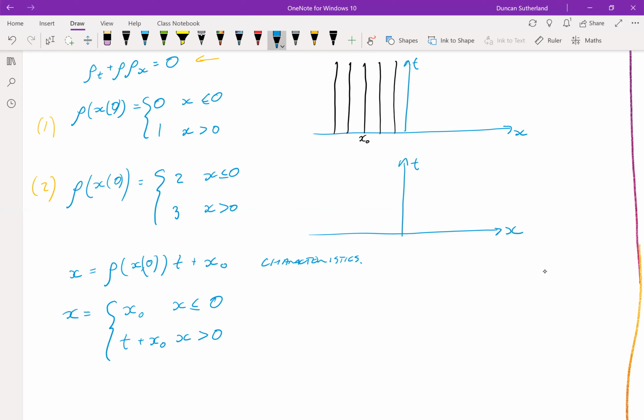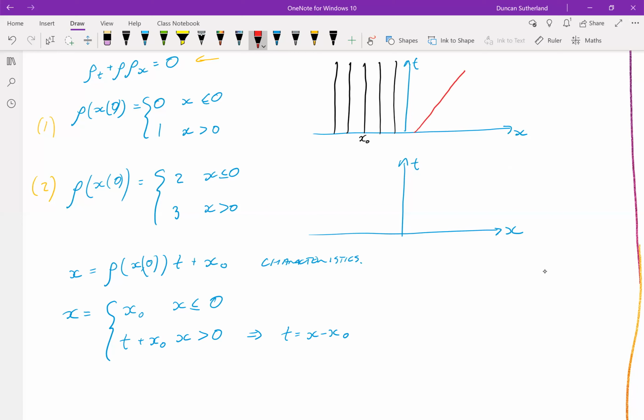We do, however, still have to rearrange this, although it's a simple rearrangement. So if t is 0 at our value of x naught, that's nice. It has slope 1, right?